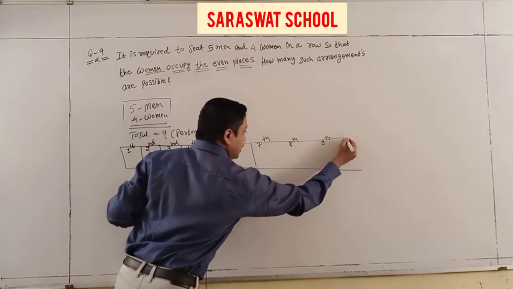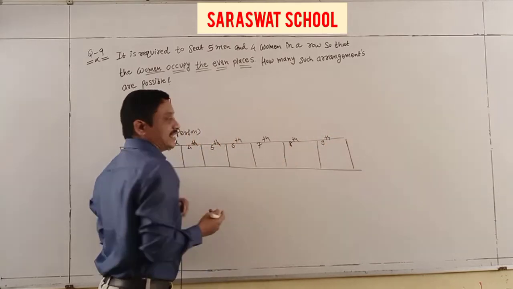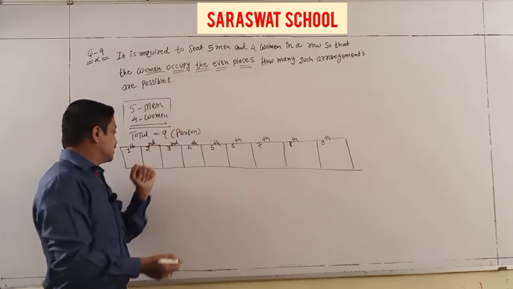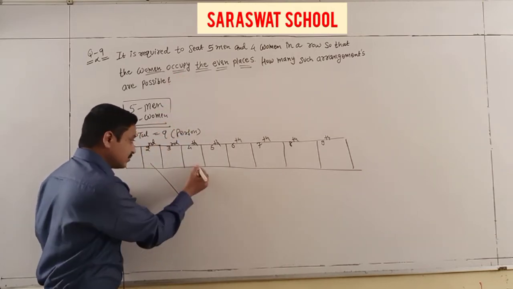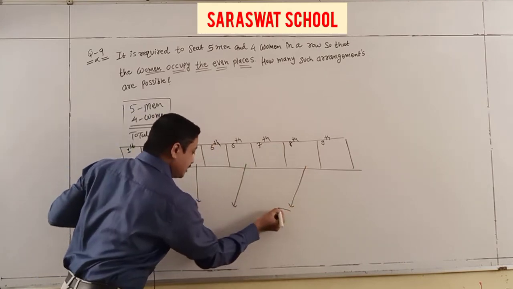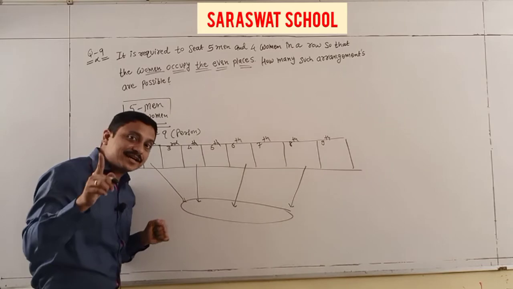Yes students, only 9 places. Now I want the even numbers. These are even places, this and that one.